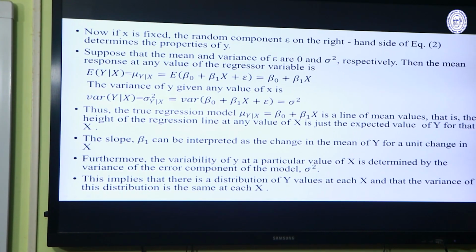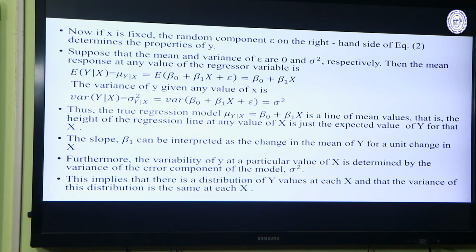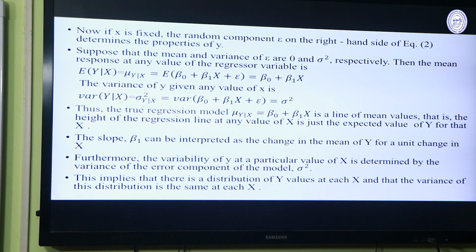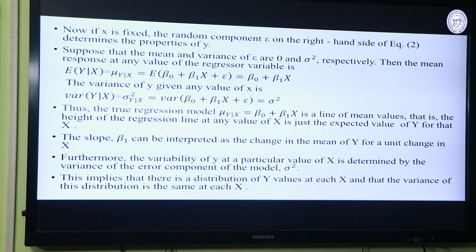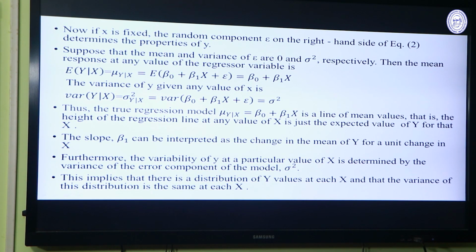Now, whenever we are trying to find out the values of y, remember, whenever we are trying to find out the distribution of a certain variable, we would like to know two things. One thing is the central tendency of that variable, that is how it is centered, which is mainly measured by the mean value, and how the different values are away from that central value, which we measure by the variance.